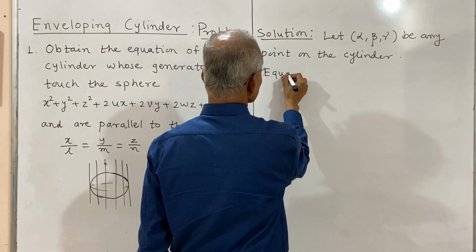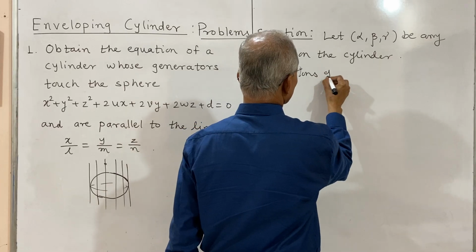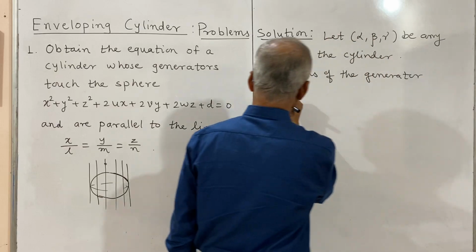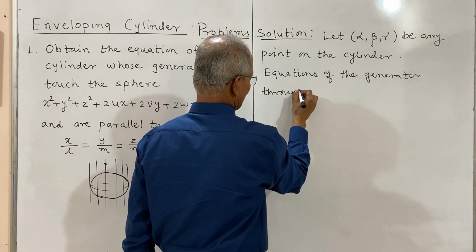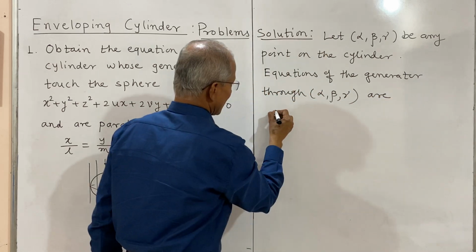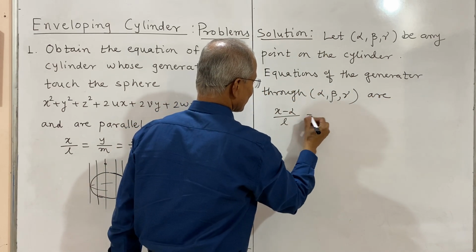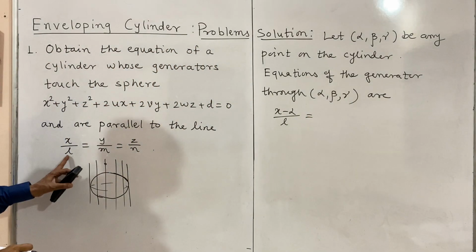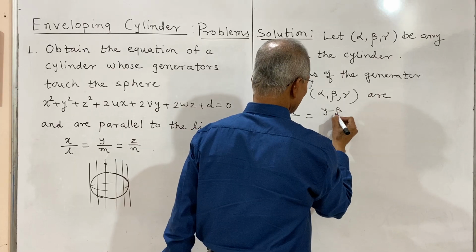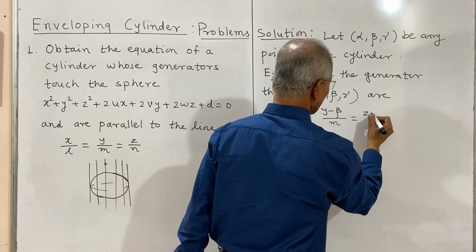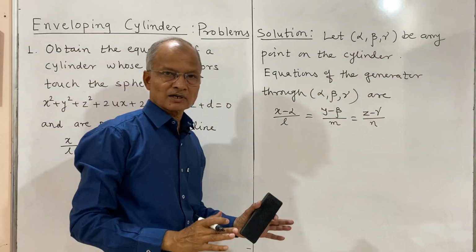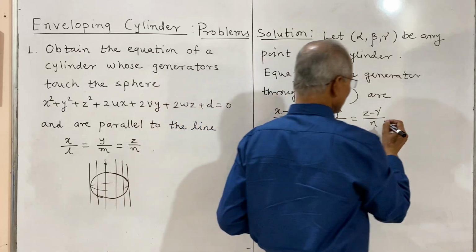Equations of the generator through alpha, beta, gamma are, in symmetric form, x minus alpha divided by L, the DRs are L, M, N, and passing through this point, is equal to y minus beta divided by M is equal to z minus gamma divided by N. All these ratios are equal to a certain quantity, and we shall suppose these are all equal to r.